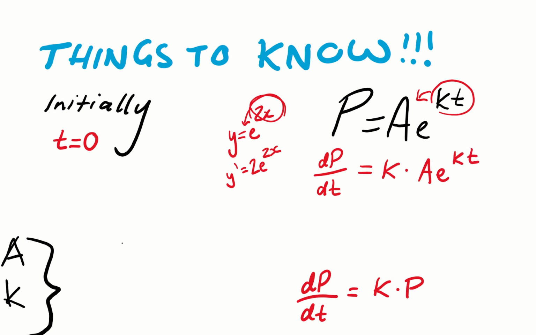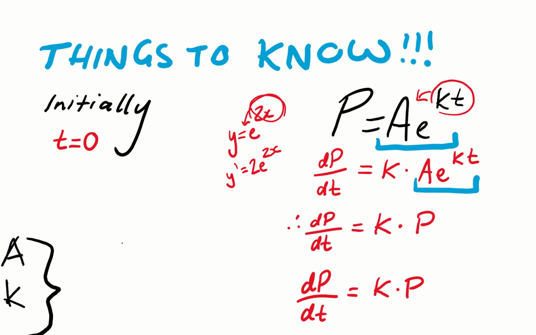Now, it's just a matter of saying, well, I know that P is equal to Ae to the kt, which is what I have here. So that's how then we can say, therefore, dP on dt is equal to k times P. It's just a common proof to know how to get it into that form, and it's just knowing your derivative.